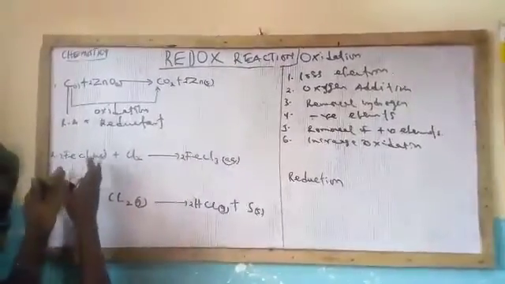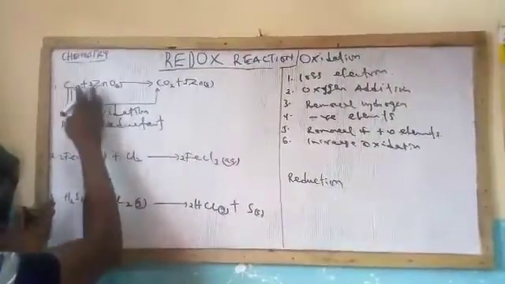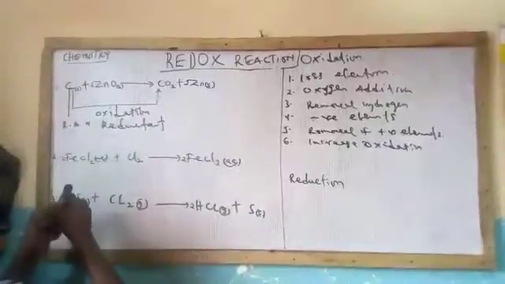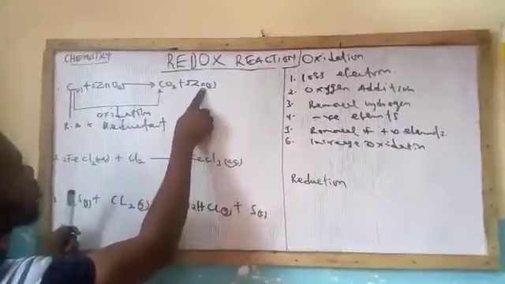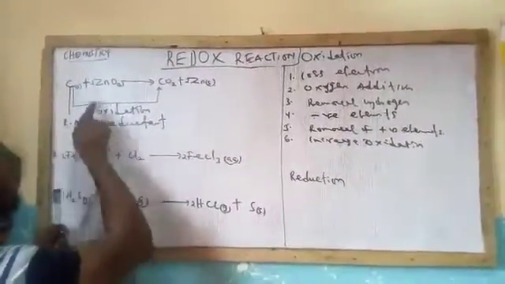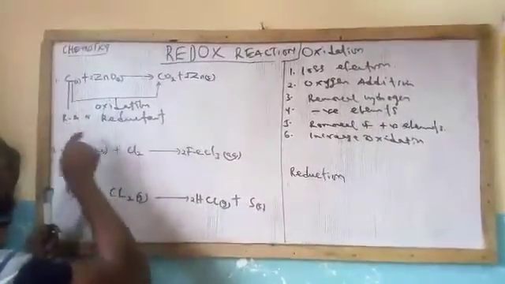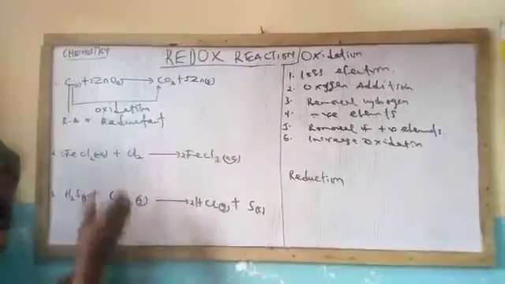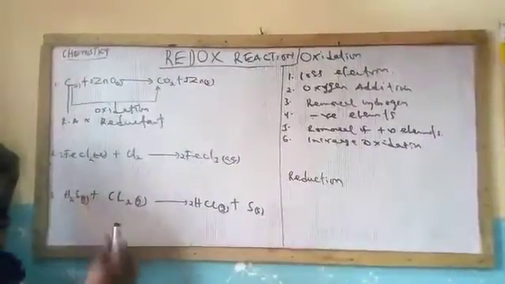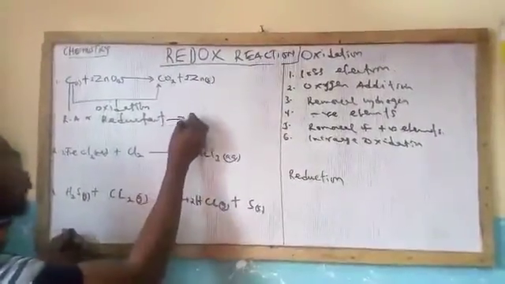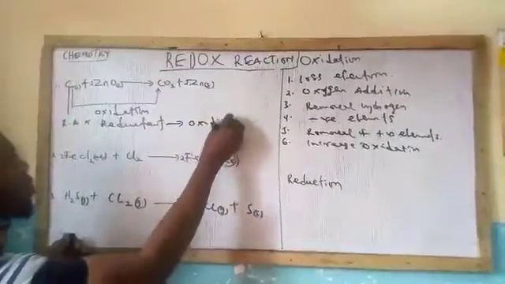Now, when this process occurs, this carbon accepted oxygen to form carbon 4 oxide and zinc was formed. Oxidation process occurs, and the agent is known as the reducing agent. What will happen to this agent after the reaction? It ends up becoming oxidized.